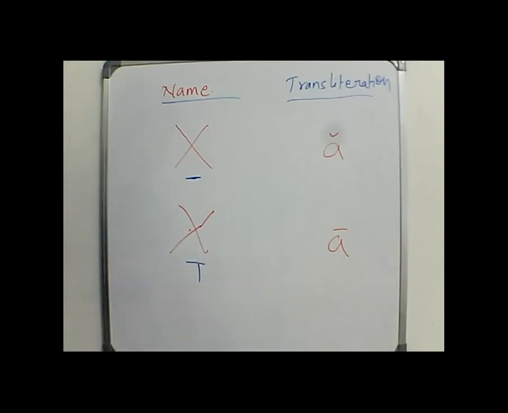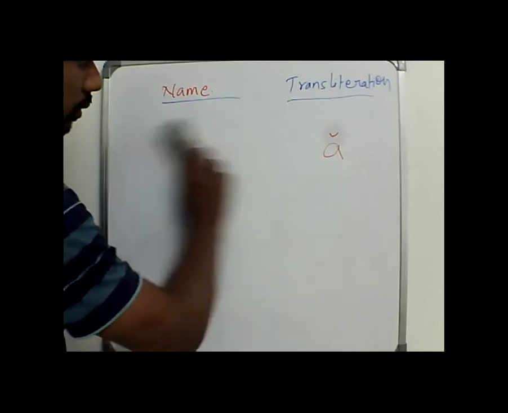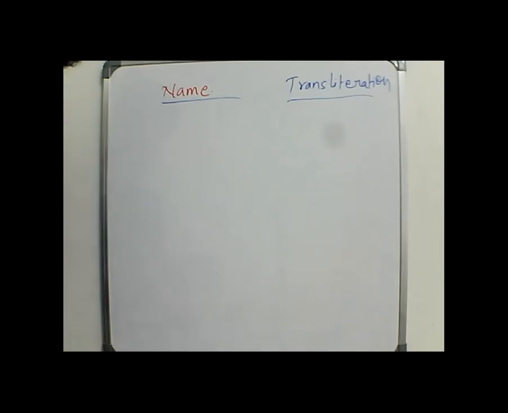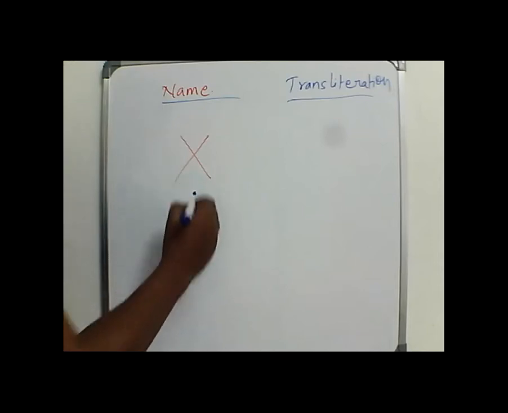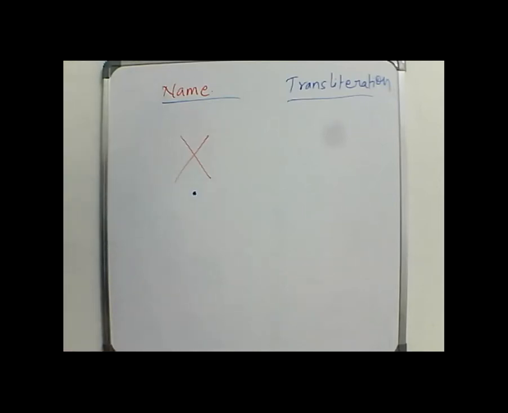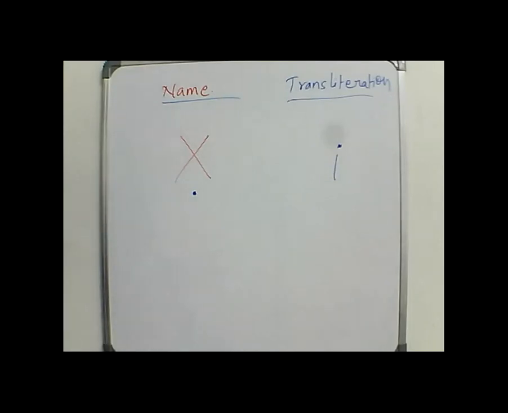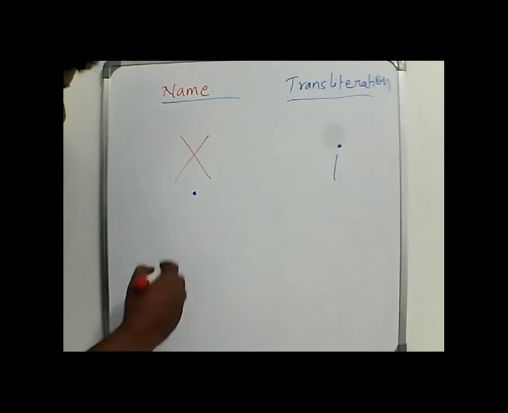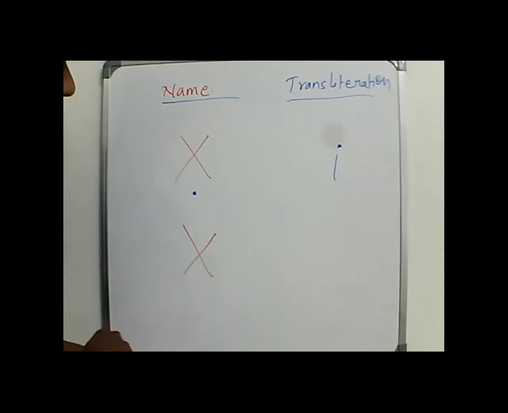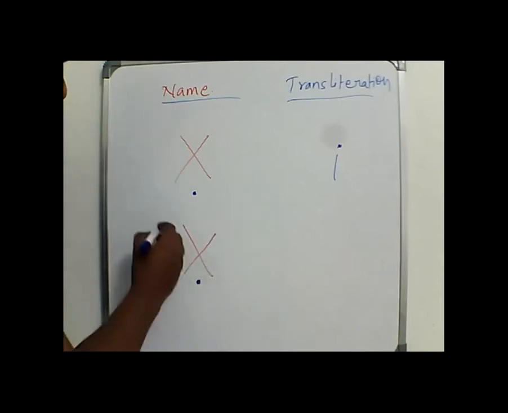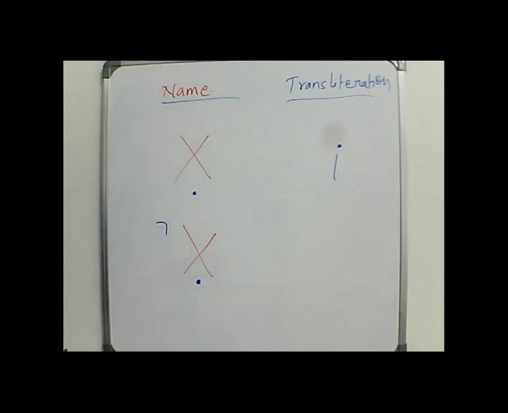And the next thing is the next two vowels. If it is one dot, it is called here, so it is I, that is the transliteration. And again, if it is a dot with yod, this is another vowel.